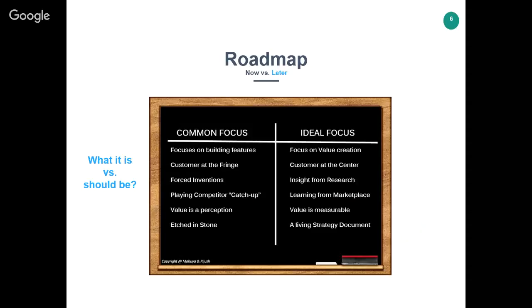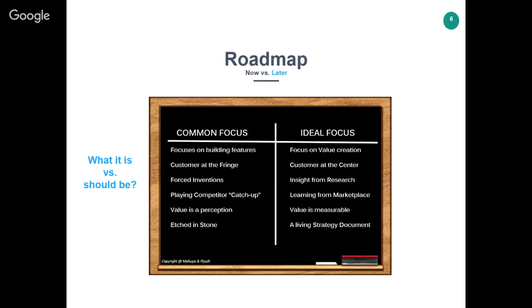The last one on the list is written in stone. So many times product managers argue to various teams that, hey, this feature is in the roadmap, hence we just need to build it, no further questions asked, please. But in reality, as I explained earlier, a roadmap is not something that happens over a week or a month.